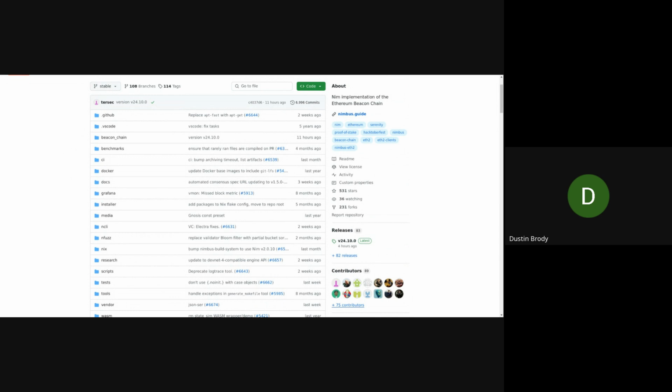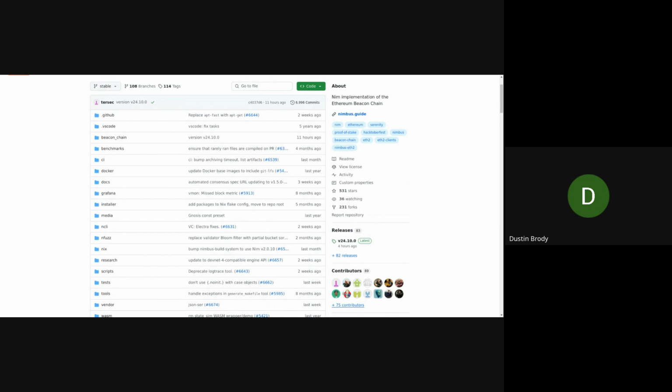From an attacking perspective, it's basically about its interfaces to the external world. The first salient thing is the gossip layer, which is largely shared among all the consensus layer clients.